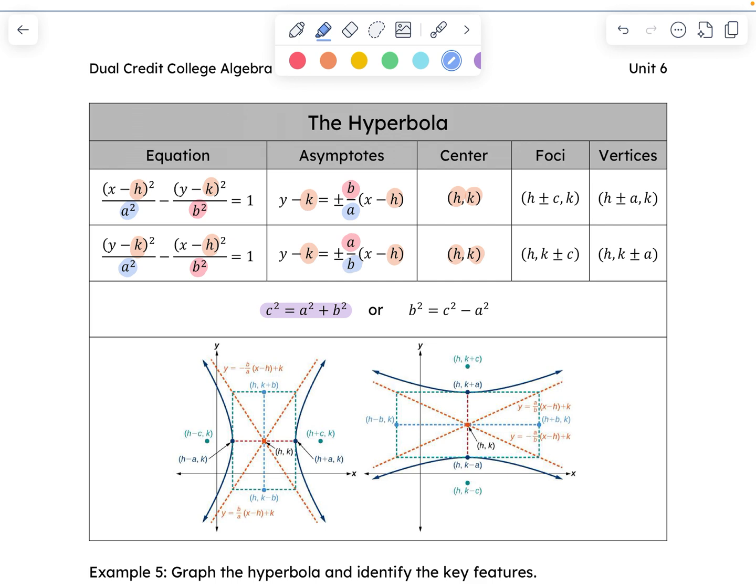And that B over A plus or minus B over A makes like the slope of those asymptotes that are these kind of diagonal lines that kind of help guide your hyperbola. So let's look at some examples. Let's see how we can get these graphs.